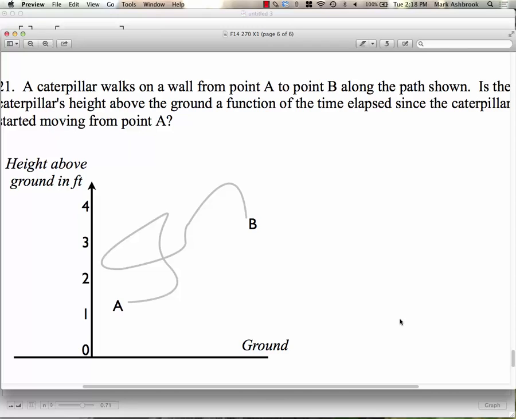Because you just get a horizontal line if it were a function of time. Well, I'm just saying, what if you went really fast first, then super slow, like a really steep bar?